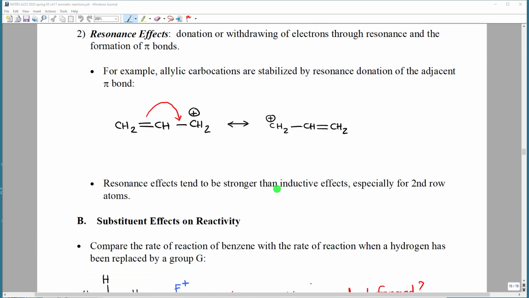The other type of electronic effect that we see is the resonance effect. Resonance effects occur when electrons are donated or withdrawn through pi bonds.